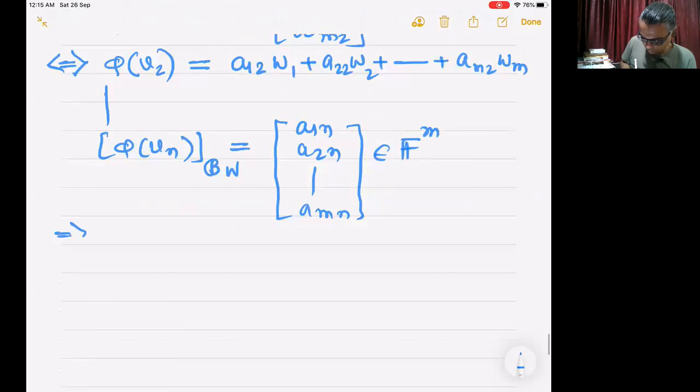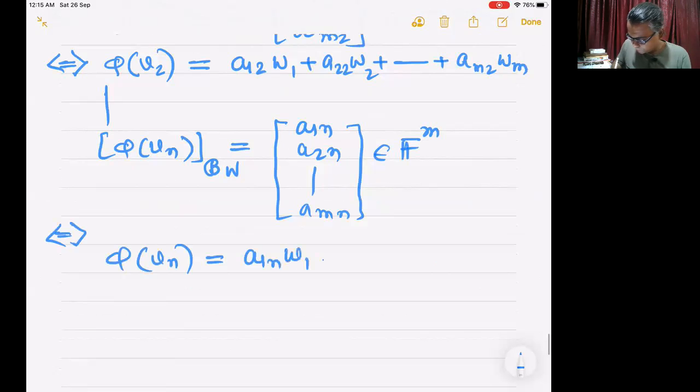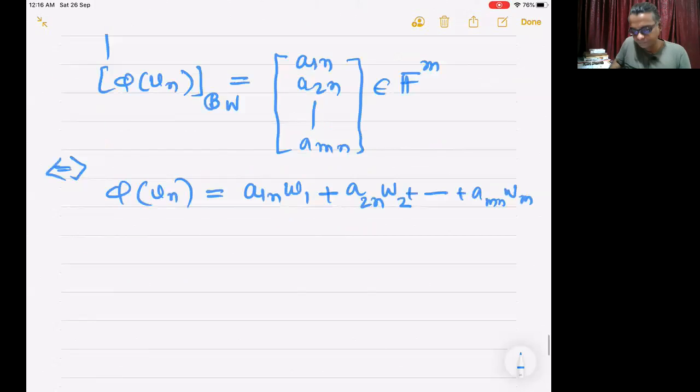This is equivalent to saying phi acting on Vn is the linear combination A1n W1 plus A2n W2 plus dot dot dot up to Amn Wm. That's it. Okay, so keep this in mind.